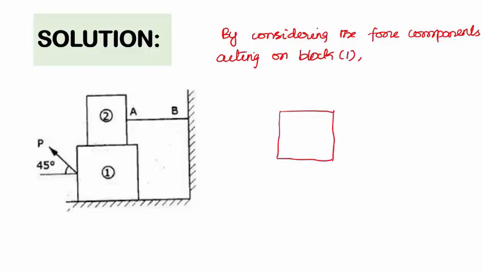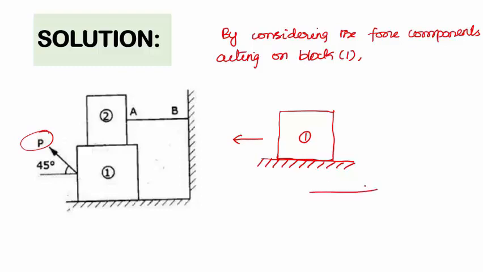This is block 1. It is placed on a floor. During the impending motion, due to this applied load P, block 1 will be at the point of sliding in this direction. So the frictional force will be in the opposite direction to the motion of block 1.